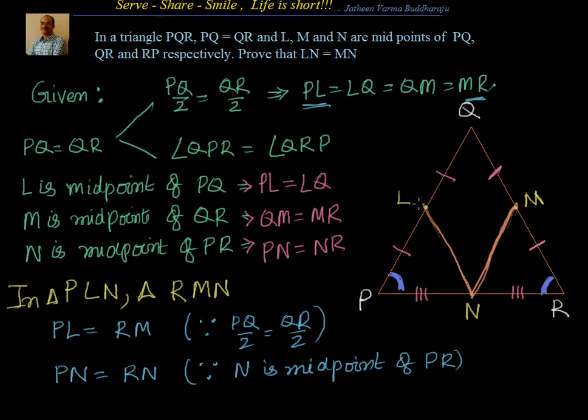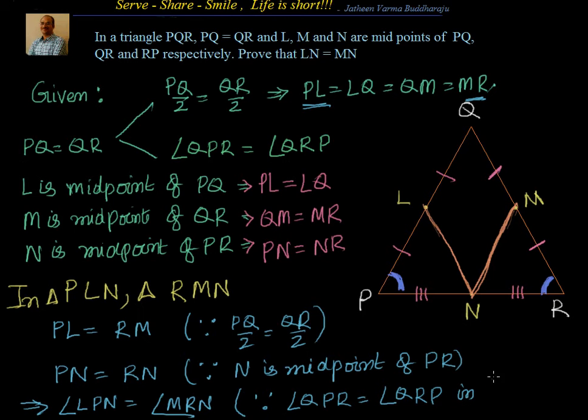Not only that, we also have angle QPR is equal to QRP, which is nothing but, if you consider these two triangles, angle LPN is equal to angle MRN. This is because angle QPR is equal to angle QRP in isosceles triangle PQR.